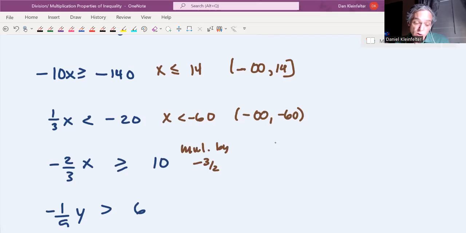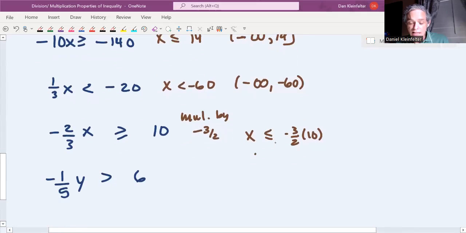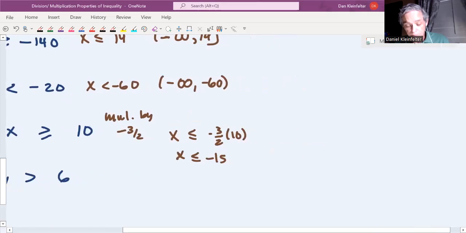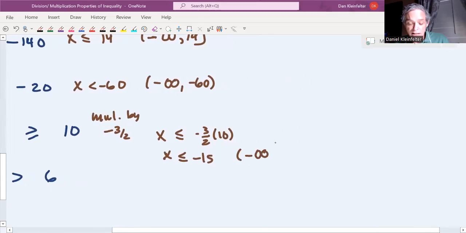So negative 2/3 times negative 3/2 will give us 1. Because we're multiplying by a negative, this will switch from greater than or equal to less than or equal to. And then we'll have negative 3/2 times 10. So we'll have x is less than or equal to negative 15. So that's negative infinity up to negative 15.